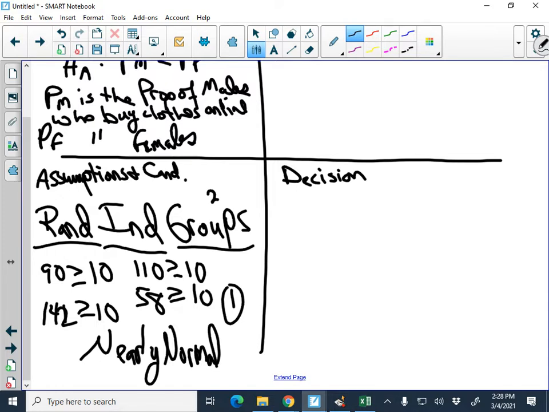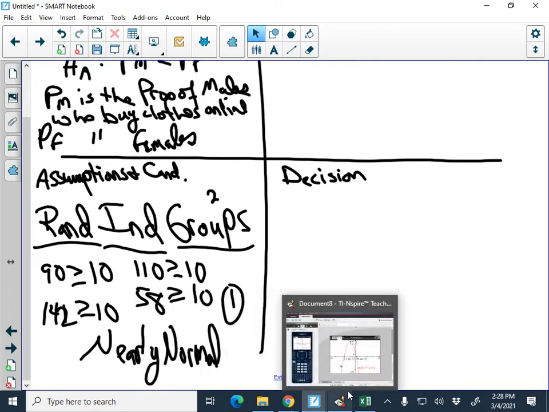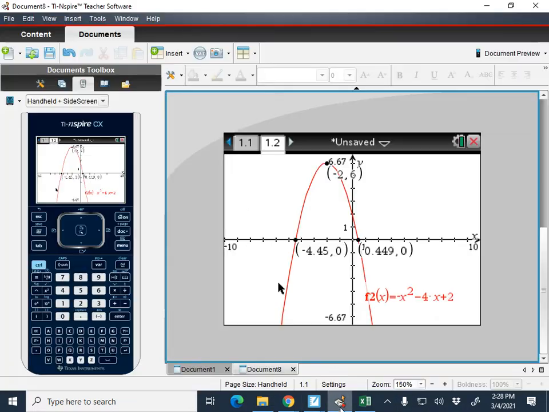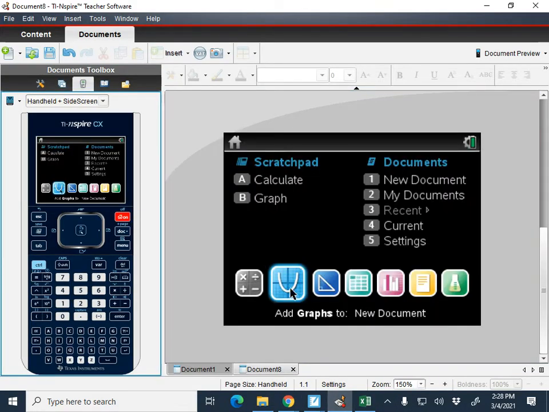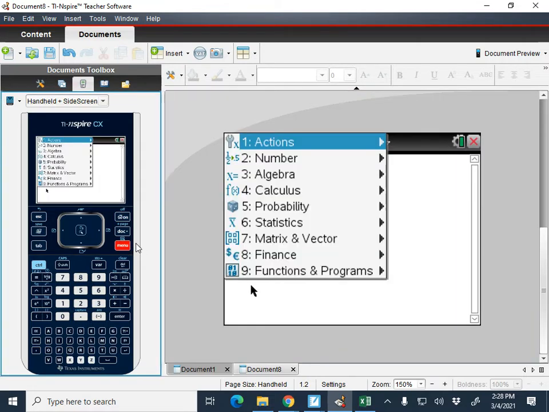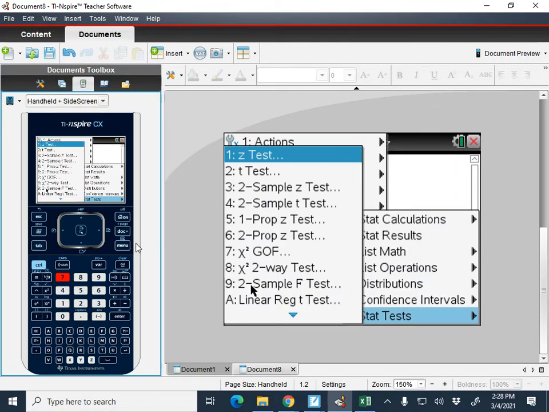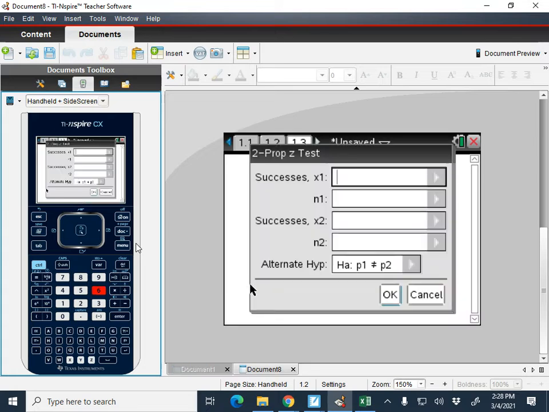All right, so next, we're going to run a test. Make sure in your test, however you put it, raise of hand, anybody put females first? Okay, you make sure you put females first in your calculator if you didn't already. So then we go menu 6, 7, and 6. The 2 proportion z-test.